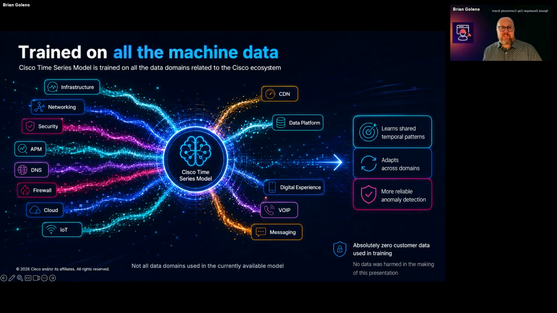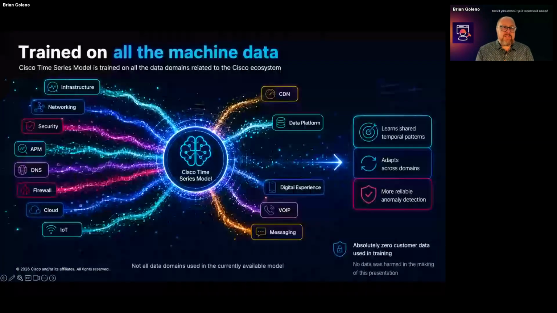I'll be honest that not all these domains are covered in the model we have now, but as being owned by Cisco and part of the Cisco ecosystem, we have access to a broad range of machine data domain types that other vendors are just not positioned to do. Those who are in this space typically are not broadly positioned to access all this data, or if they are, like some of the hyperscalers, like clearly Google can do whatever Google wants to do, they're just not focused on this space. This is something that we are focused on and committed to bringing all these data points to bear.